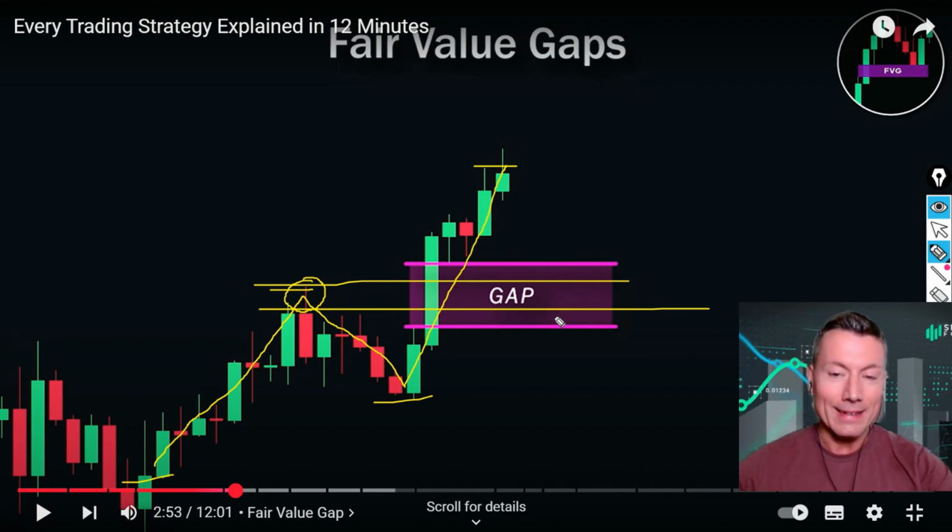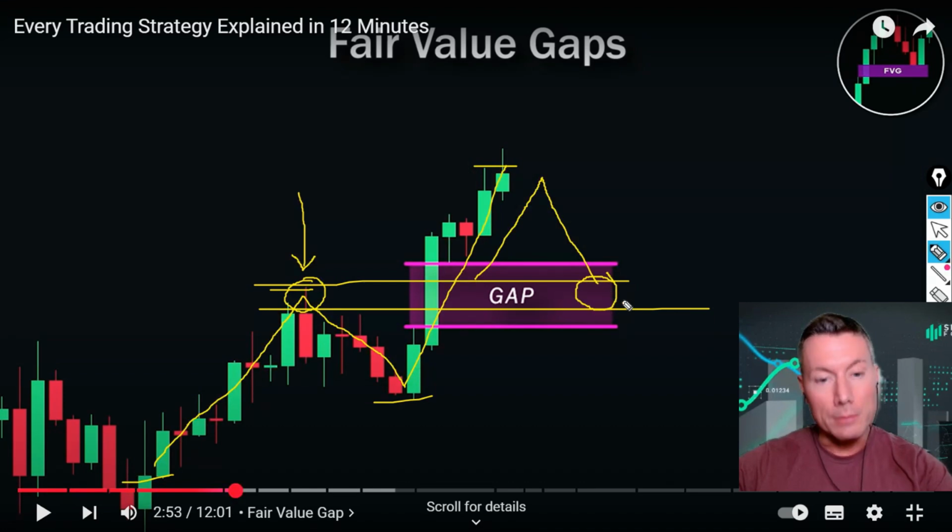So again, you don't need to know where fair value gaps are. You need to know where the market has reacted before. And you can see the market has reacted here before as an area of resistance. And then when we break that area and come back to retest it, that becomes a very good area to continue the uptrend and start buying.